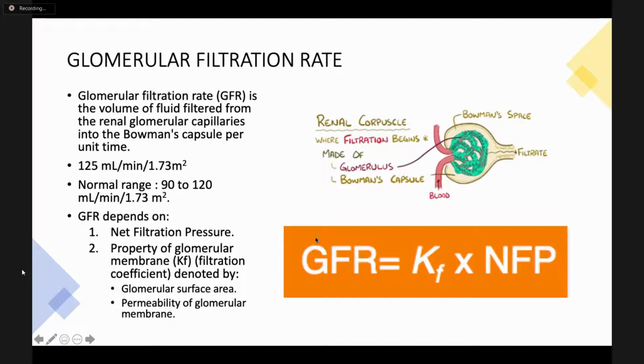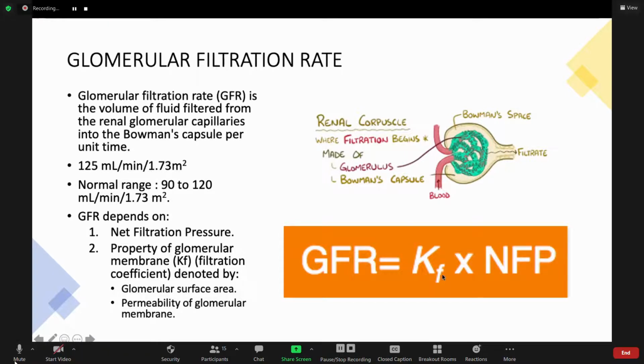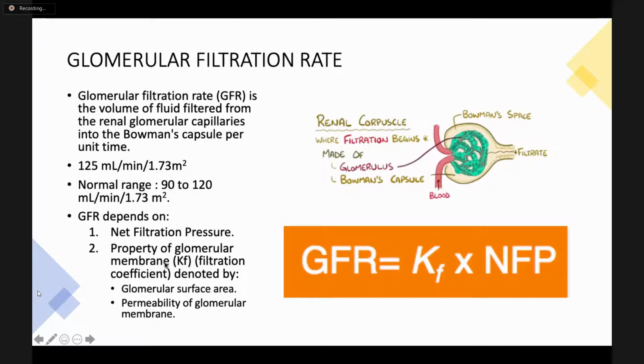Okay. So other factors is the constant. This one is constant, it does not change in a normal individual, but in a diseased patient, this one can change. The property of the glomerular membrane, denoted by the glomerular surface area. Say for a patient who has diseases affecting the glomerulus or the mesangial cells, it will affect the surface area as well as the permeability of the glomerular membrane.